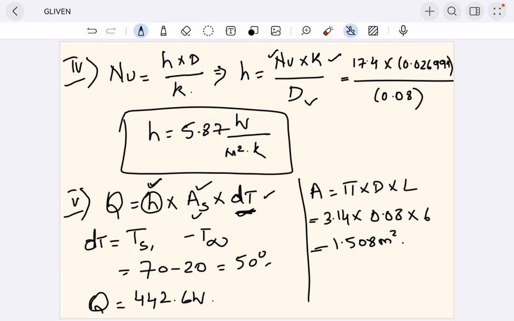Now let's summarize this particular problem. If you see the formula of Q, that is H times area times delta T. Now area is known to you, delta T is known to me.